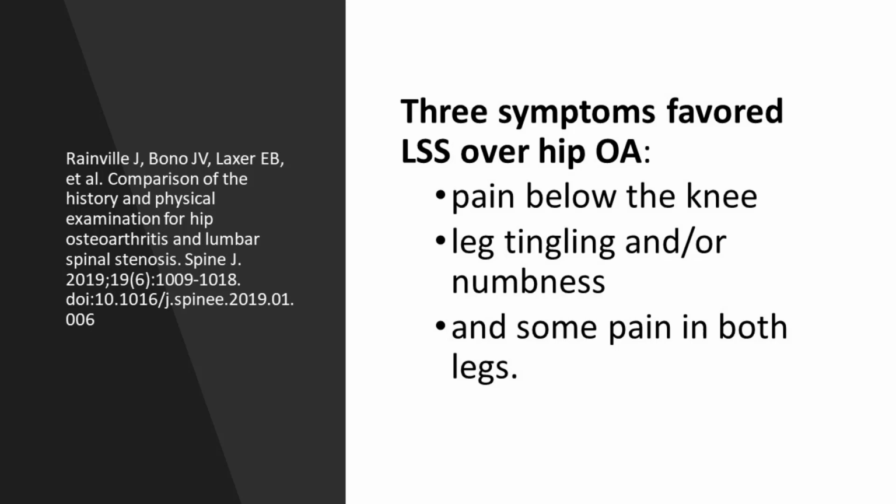And the 3 most likely symptoms that favored lumbar spinal stenosis over osteoarthritis of the hip were pain below the knees, leg tingling or numbness, or pain or some pain in both legs.